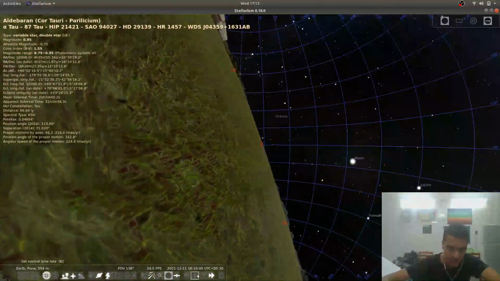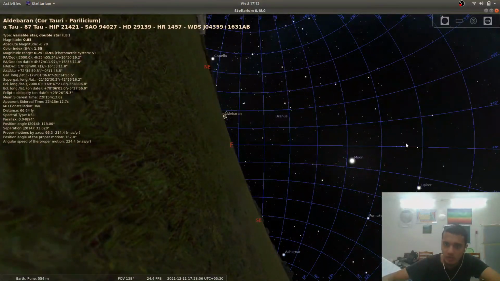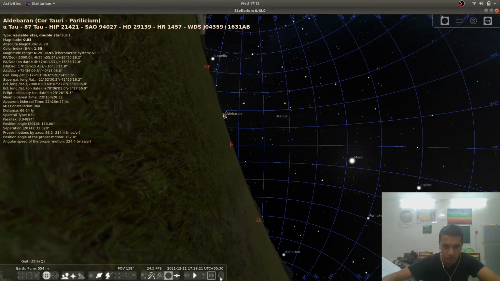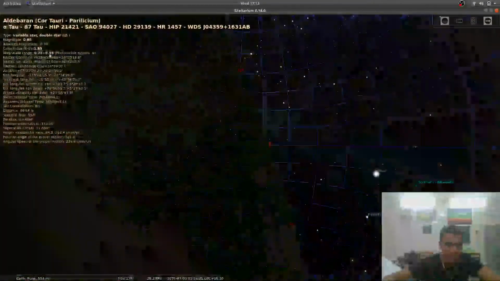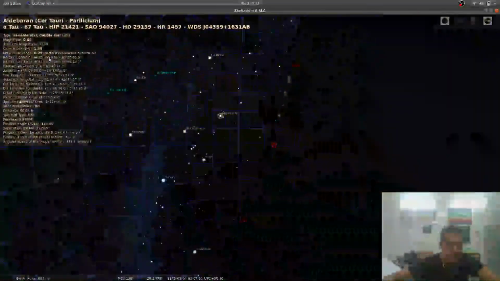Actually, all of these stars are also moving, but they are so far away, and the distances they are covering are so big, that we don't have to update this for a while. Actually, in Stellarium, if I'm at Aldebaran and I go extremely fast, you can see that it is changing. And how does Stellarium calculate that?